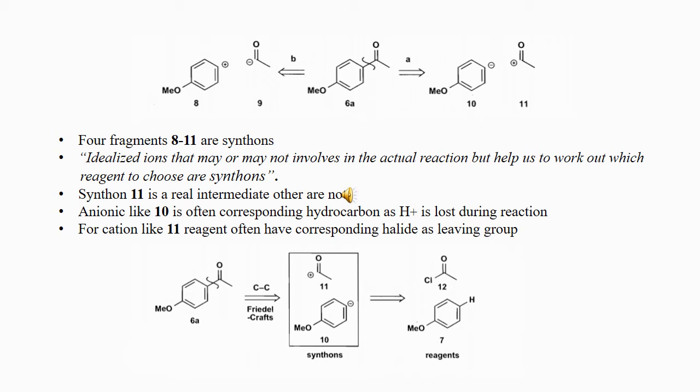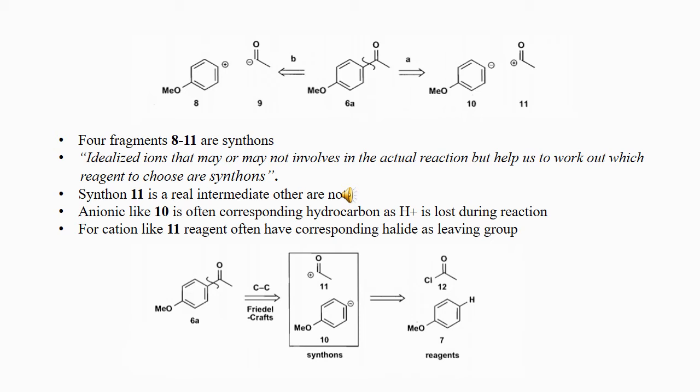The word imagined or suggested would be better rather than produced. So what actually are synthons? Synthons are idealized ions that may or may not be involved in the actual reaction, but they help us work out which reagent to choose for the synthesis.